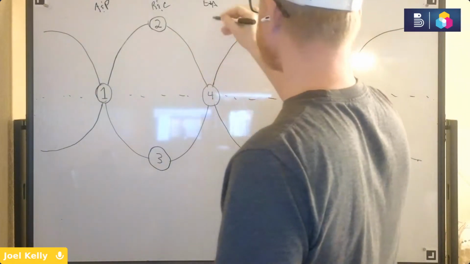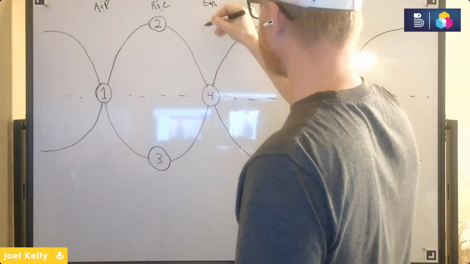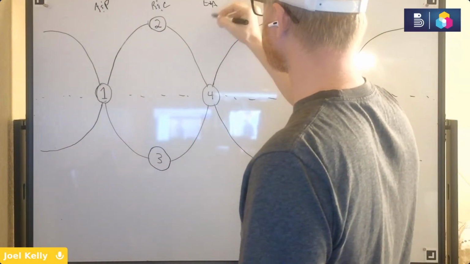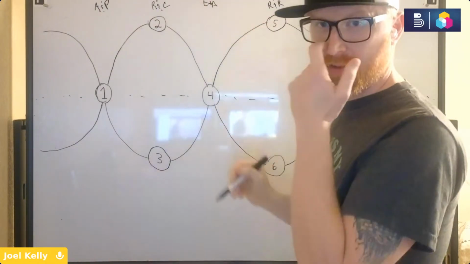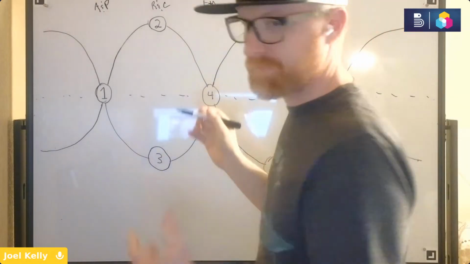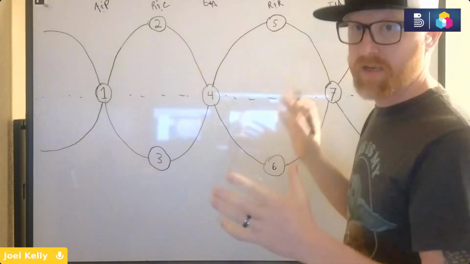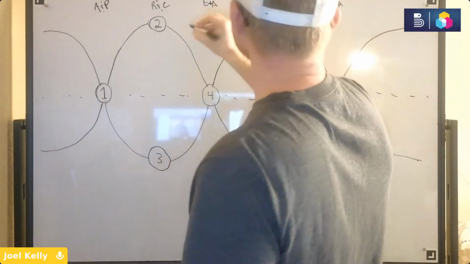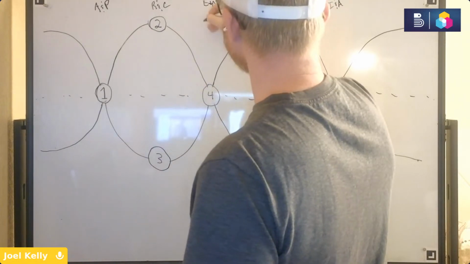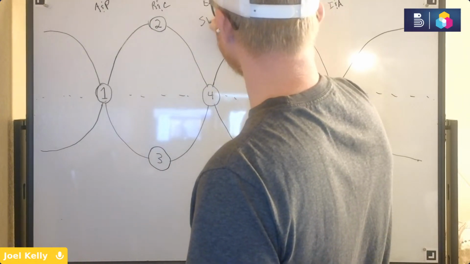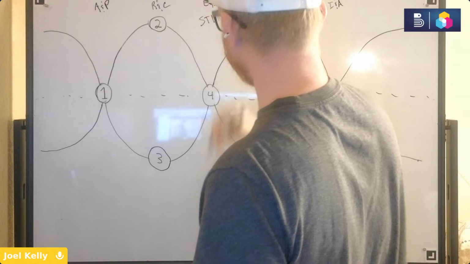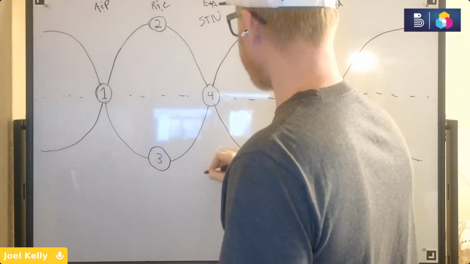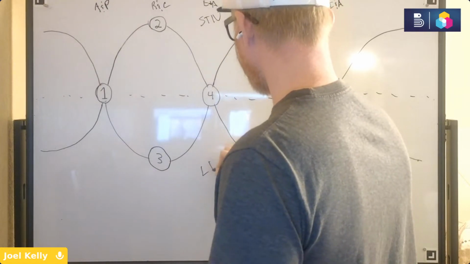So on the top here, it's going to get a little busy and it's going to get a little messy, and I do apologize, but I'm trying to unfold and unpack everything. You have short term, so we're going to just call this short term, and then you have down here, you have long term.